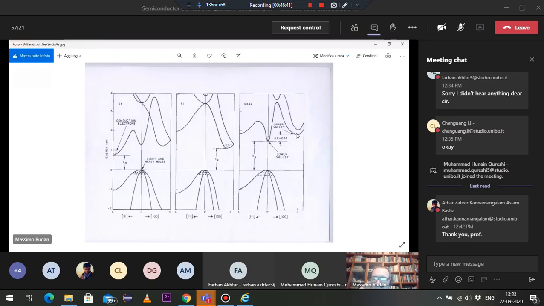However, you can see that the curvature of the two valleys is very different. The curvature of the lower valley is much larger. That means that the curvature radius here is much smaller. And instead, in the upper valley, the curvature radius is much larger.